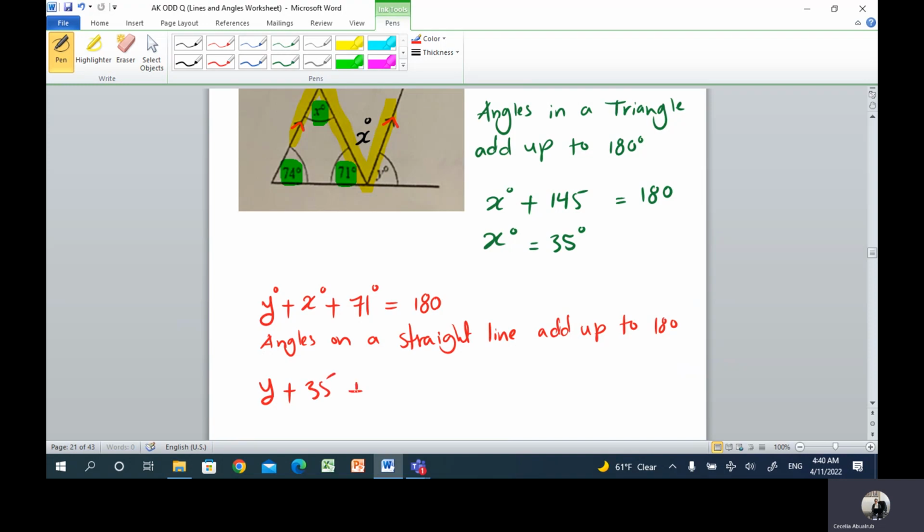Yes, we can. Plus 71 is equal to 180. Simplify. So 35 plus 71 is equal to 106.